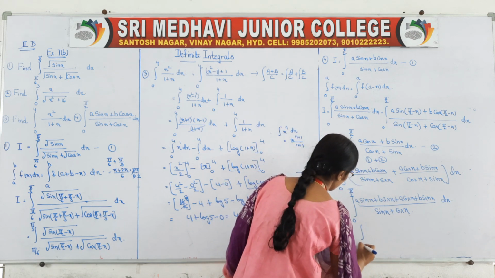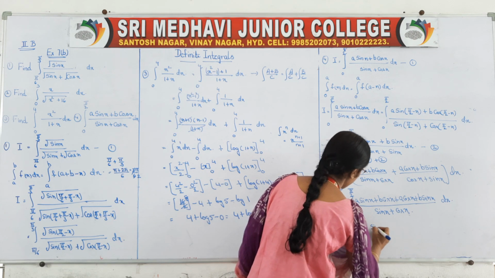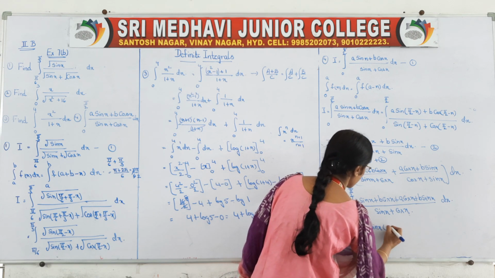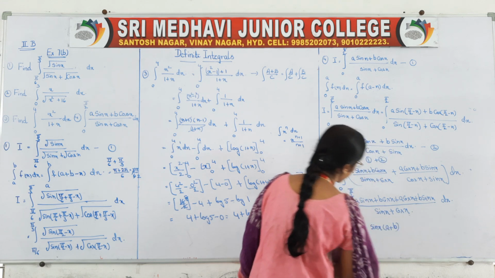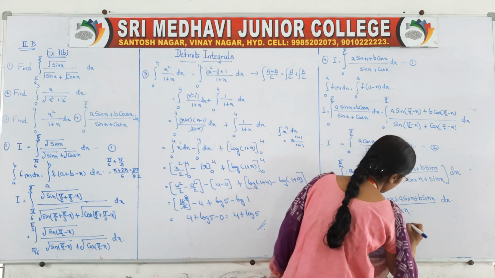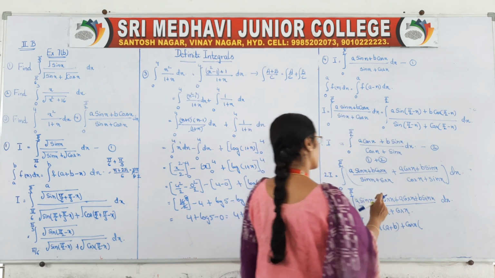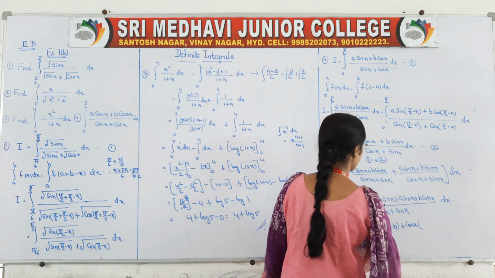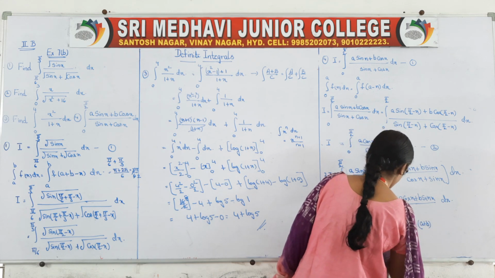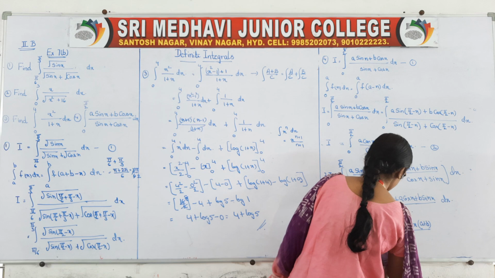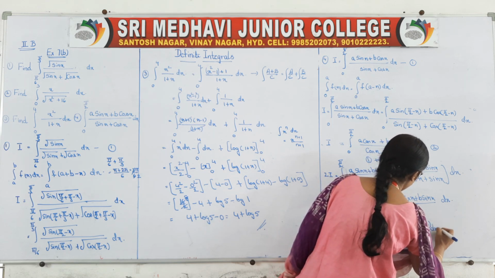Taking sin x as common, we get a, and here also the sin x term is there, that is b. Similarly, taking cos x common, here a is there, here b is there. So a plus b by (sin x plus cos x) dx.